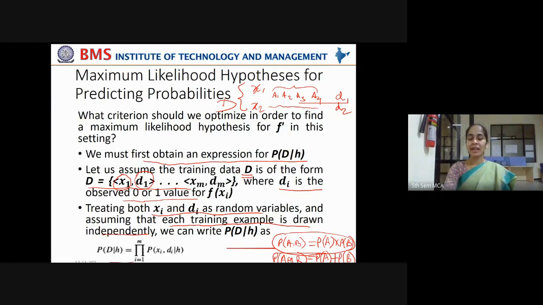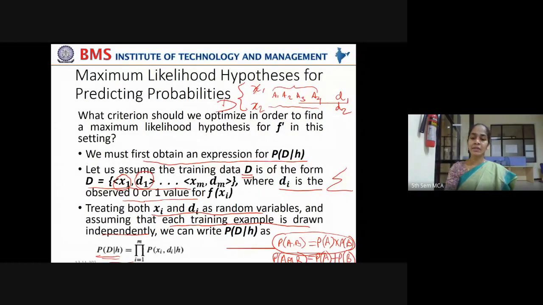Now, treating both xi and di as random variables and assuming that each training example is drawn independently, we can write the probability of D given h as a product. Did you see here? For product, we use the pi symbol; for summation, you use sigma. But here they are independent draws, and when we say independent draws, we have to calculate their probabilities as a product. That is why we have used pi, i equal to 1 to m.